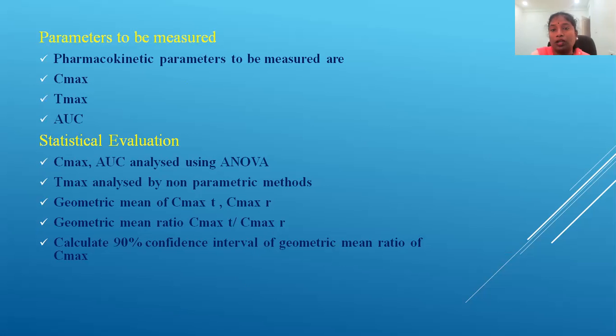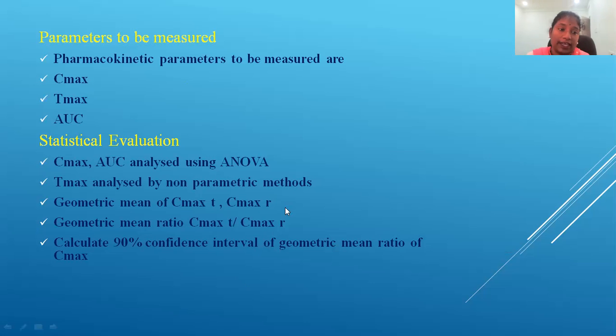So the total plasma concentration we measure by the trapezoid method, planimeter method and cut method. All those methods are used for calculating the AUC. We frequently use the trapezoid method, where the curve is divided into trapezoids and each trapezoid is measured.